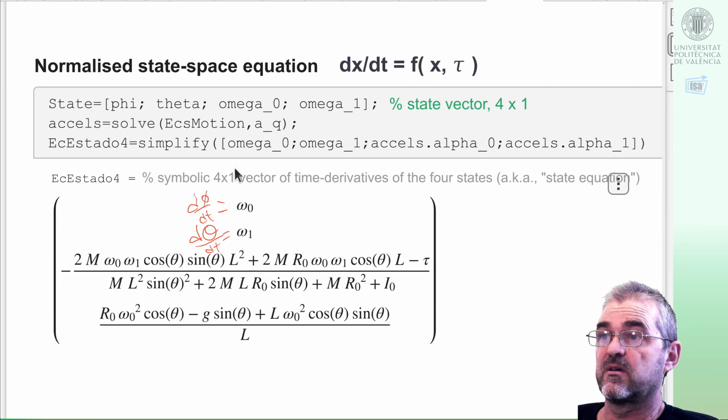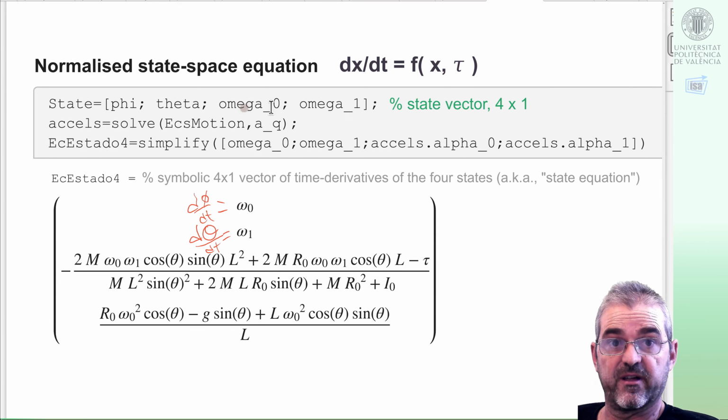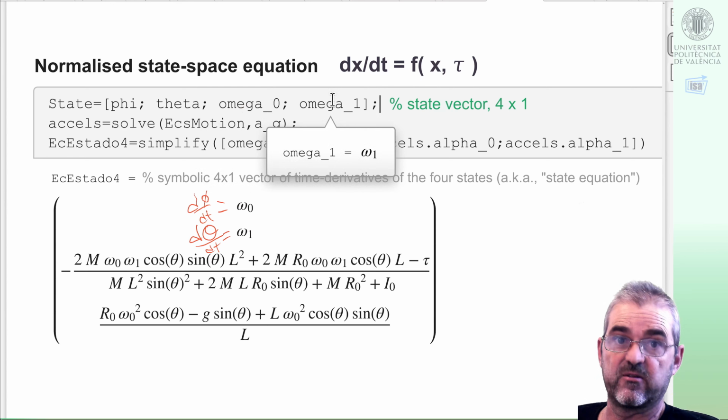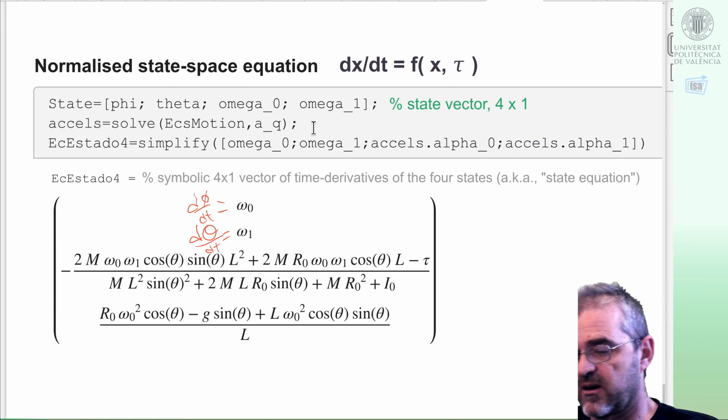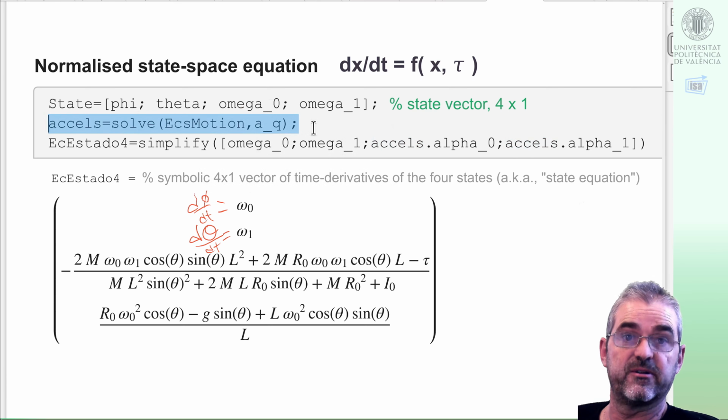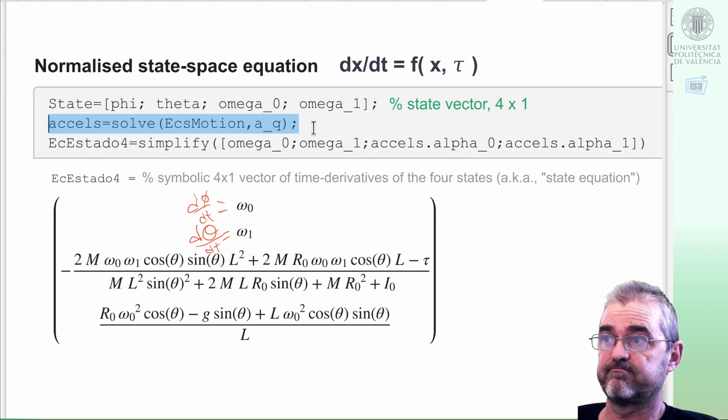Then the time derivative of the omegas, so angular accelerations, well, I need the Euler-Lagrange model in order to solve for them, but okay, as we did it before, I tell the Symbolic Toolbox of Matlab to solve for the accelerations in the equations of motion.